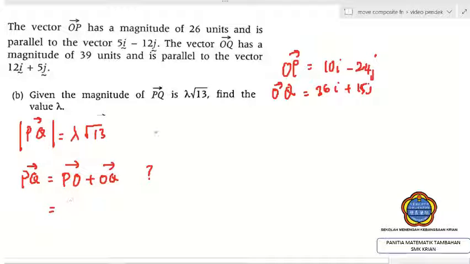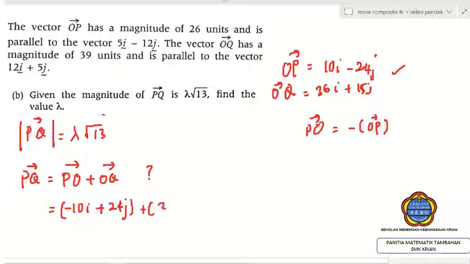PO, what is PO? PO is the reverse of OP. We just change it into negative of OP. Okay, in vector, PO is equal to negative of OP. So it is bracket negative 10i plus 24j, plus OQ, which is 36i plus 15j.